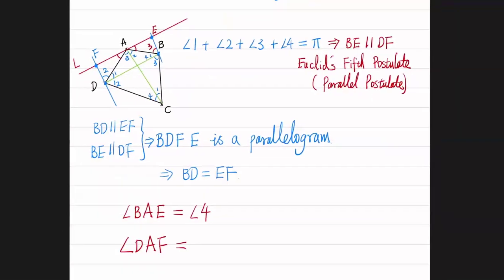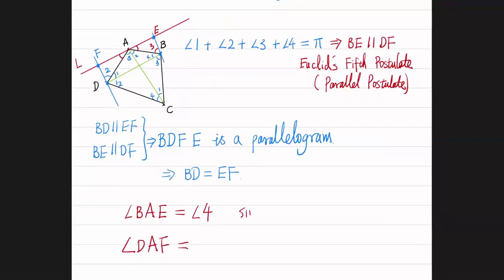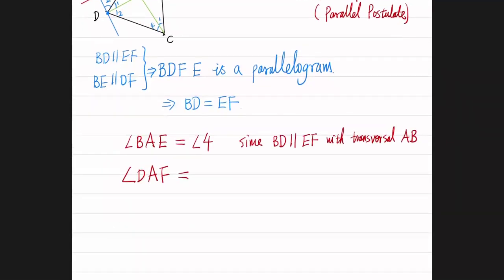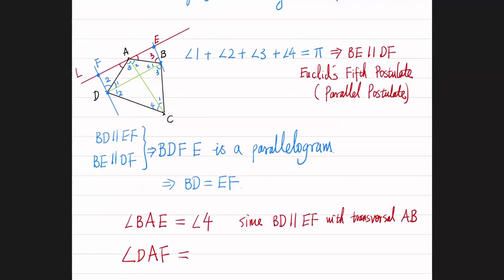So since BD is parallel to EF with transversal AB, I'm going to label this 4.